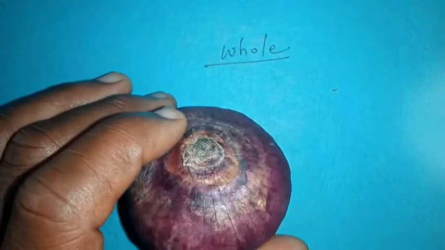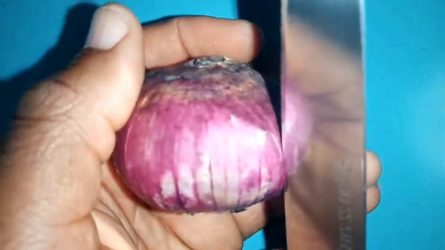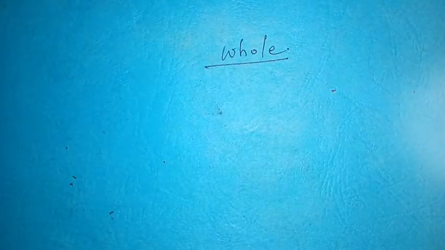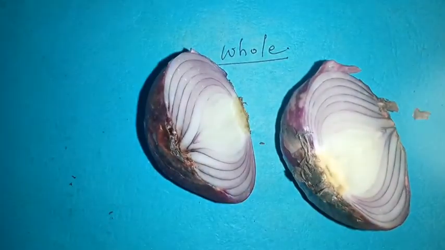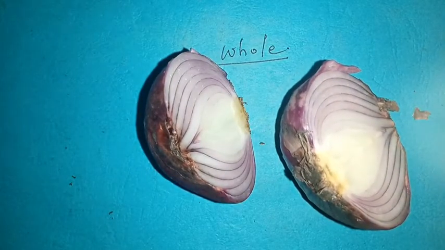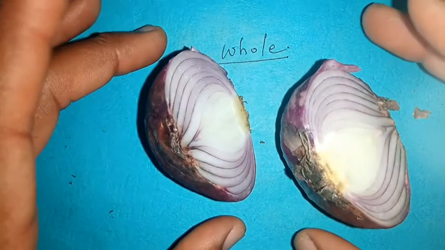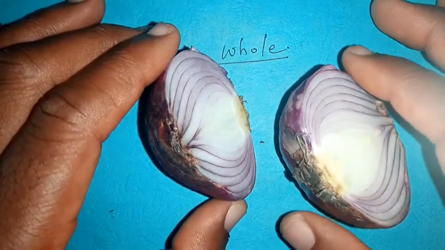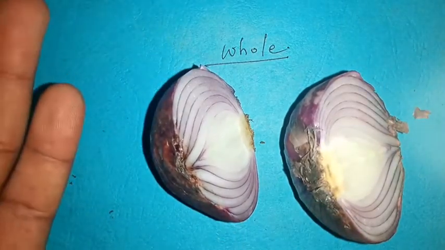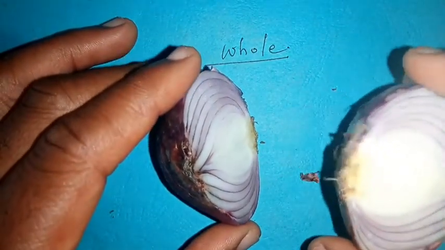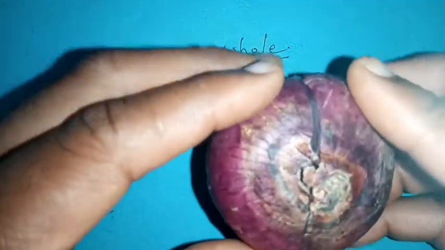Now, if I decide to cut this, I've cut it into 2. As it stands now, how many parts do I have? Remember, fraction means parts, part of a whole. As I cut it into 2, if you join it together, it becomes 1.